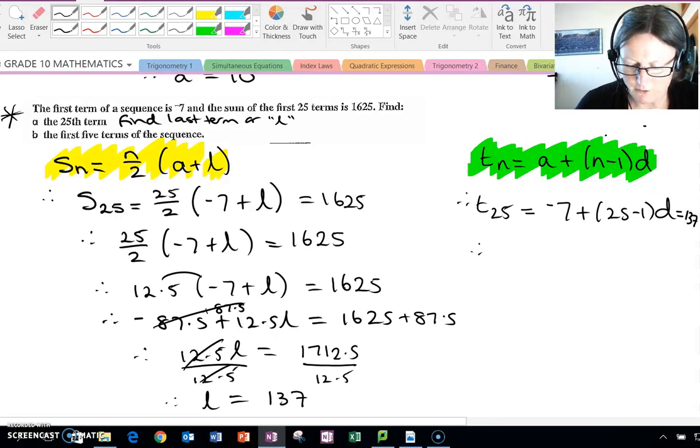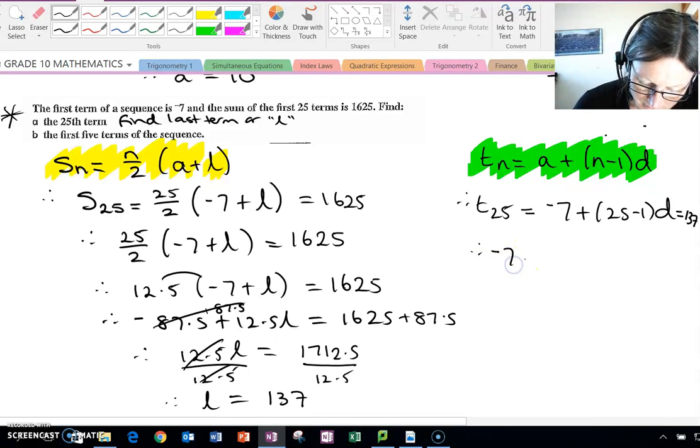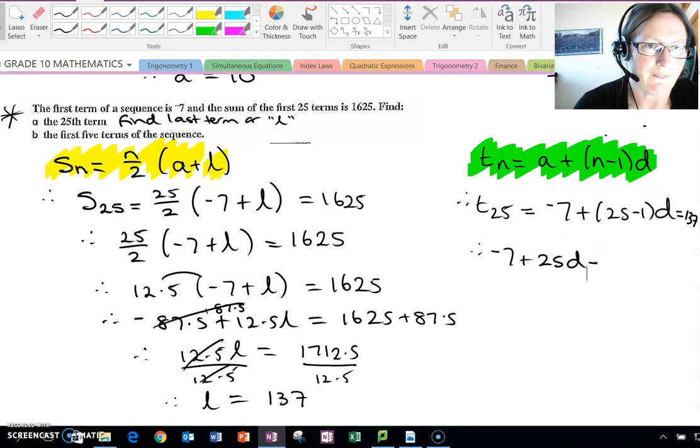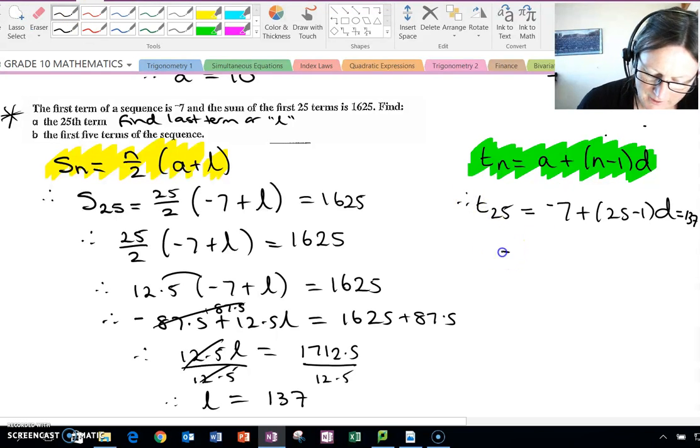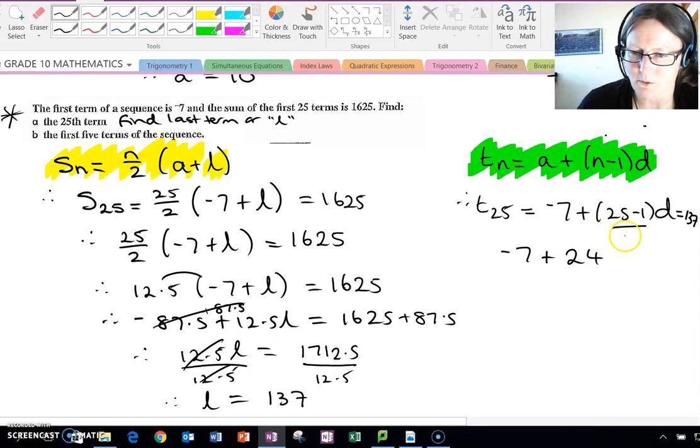So the 25th term is 137. So if I expand my brackets, I've just jumped ahead of myself there. I then write negative 7 plus 24, because 25 minus 1 is 24.